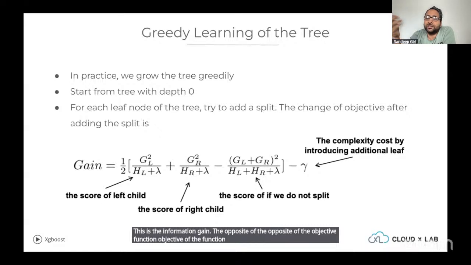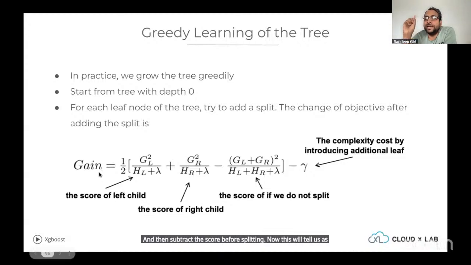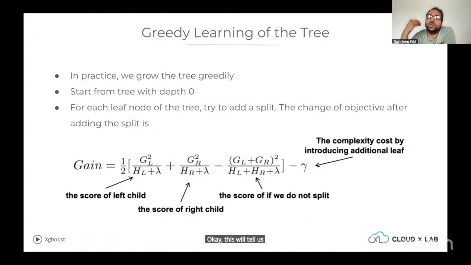The information gain is this: you take the score of the left child, the score of the right child, and then subtract the score before splitting. Now, as we are about to split, this will tell us whether to split or not split.